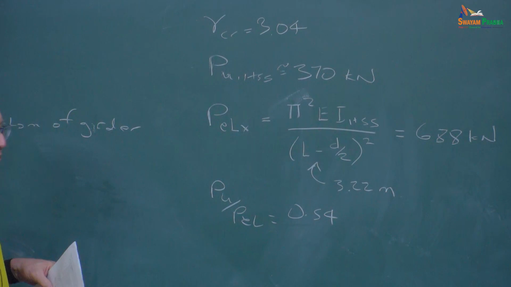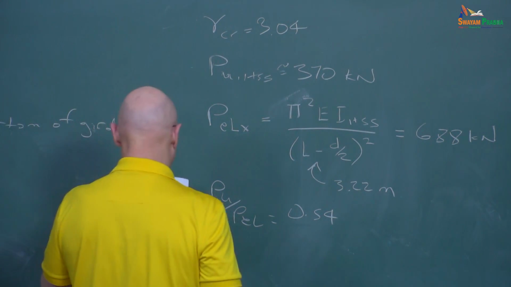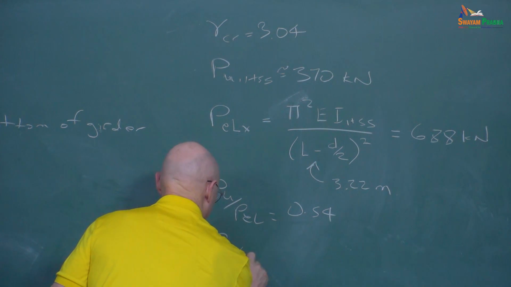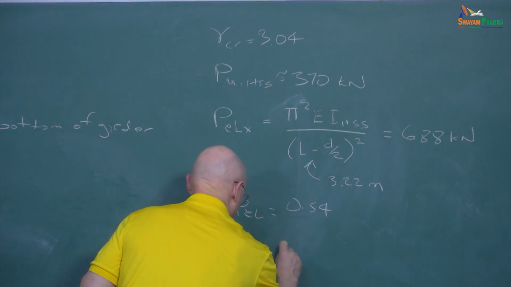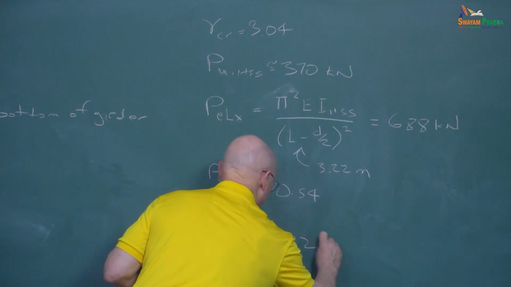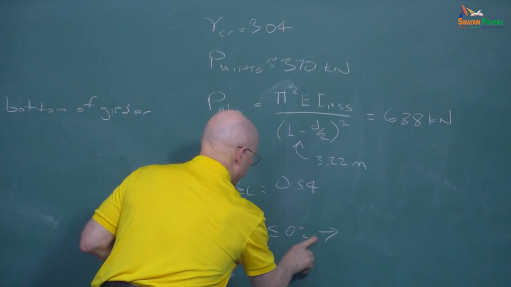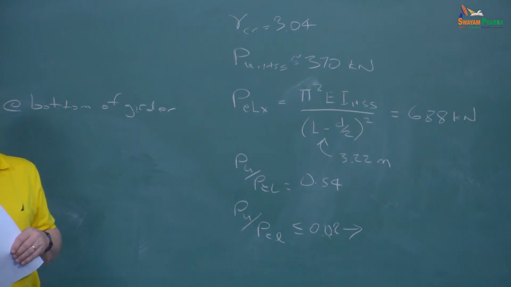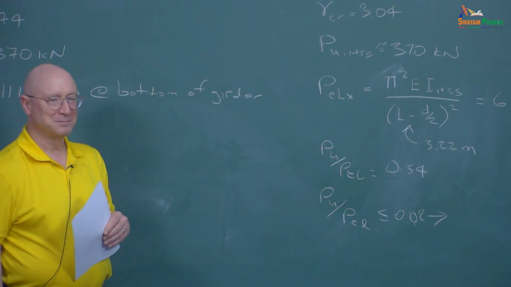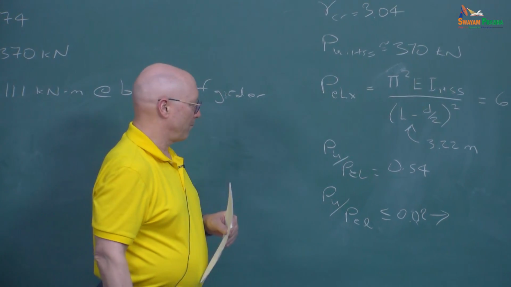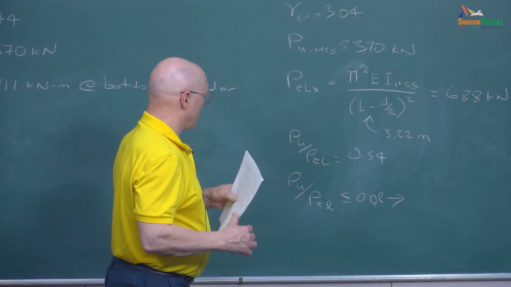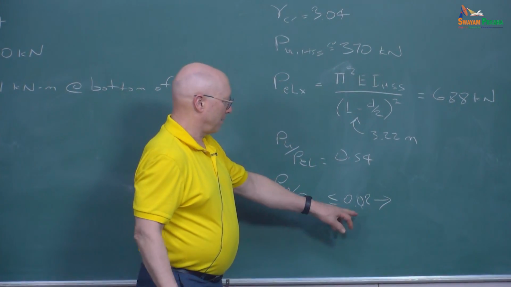How many elements do you need if you want P_U over P_E script L less or equal to 0.02? How many elements? Let's try 6.